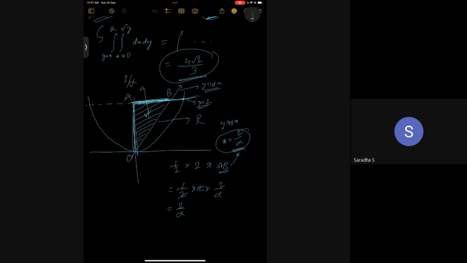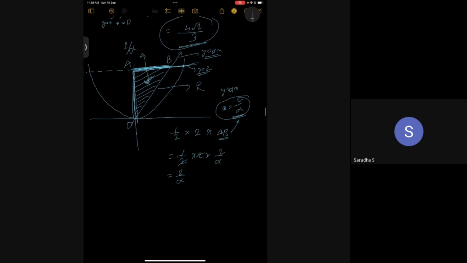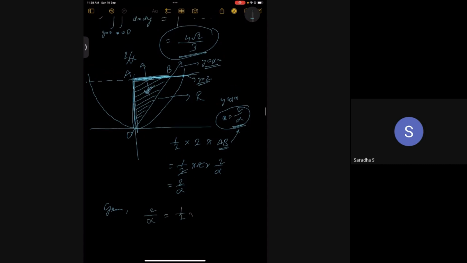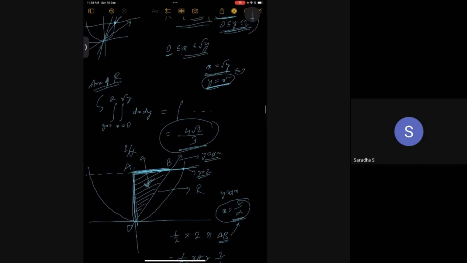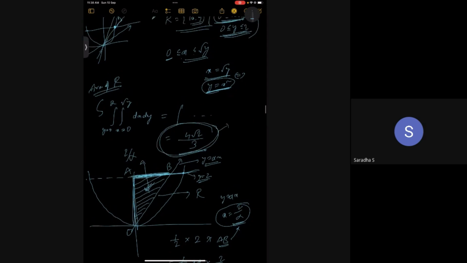And since this line y equal to alpha x divides the entire area of the region into two equal parts, this triangular area should be exactly half of the area of R. Do you agree? Two by alpha, the area of the triangle should be half of the area of R. The area of R was computed to be 4 root 2 by 3.